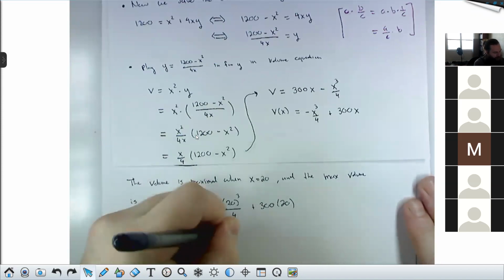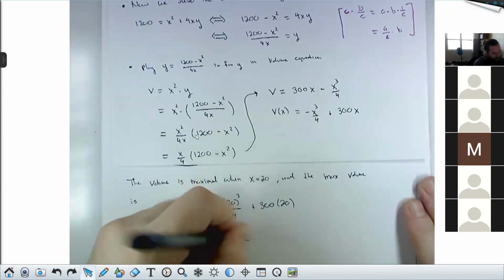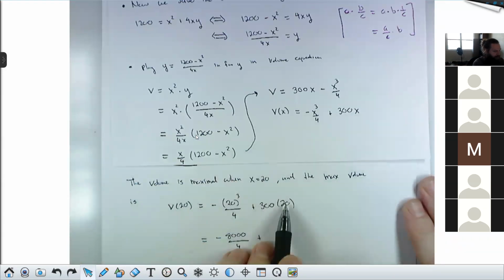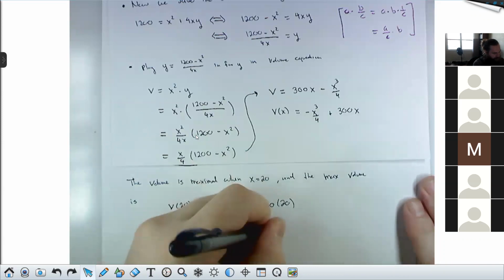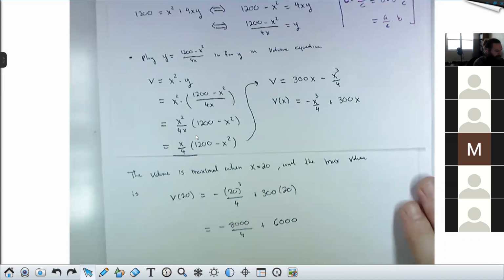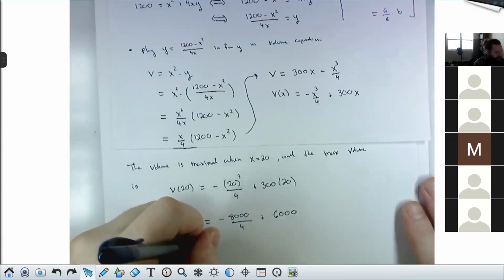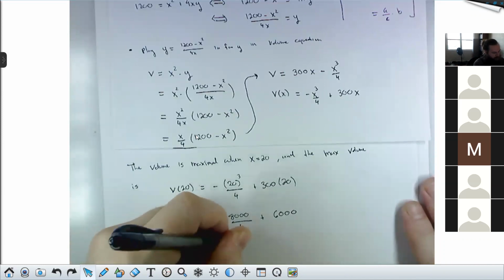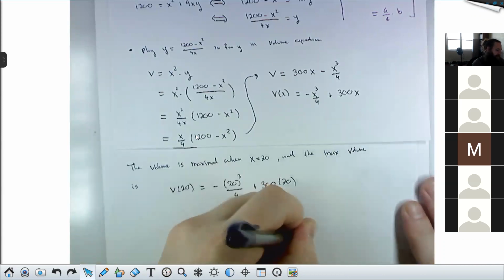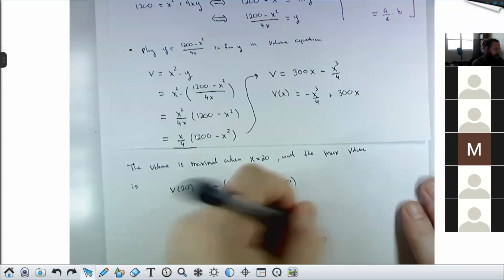So this is negative 8,000 over 4 plus 300 times 20 is 6,000. 8,000 divided by 4 is 2,000. This is negative 2,000 plus 6,000, which is positive 4,000.